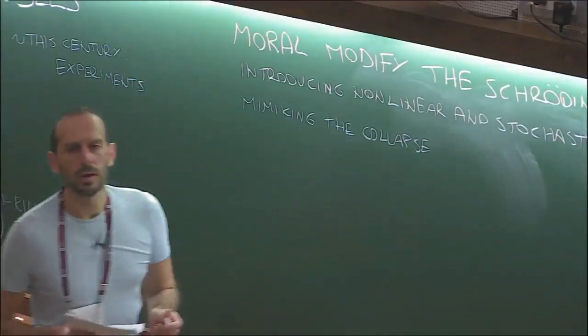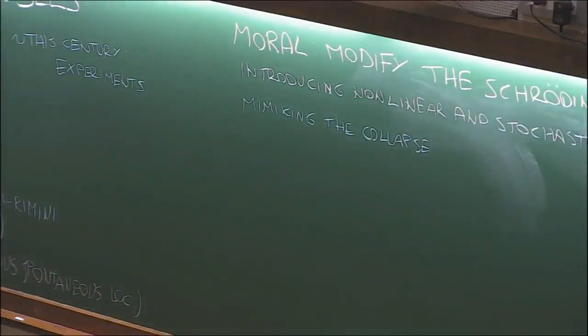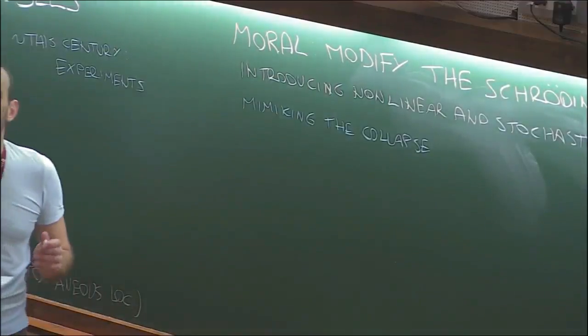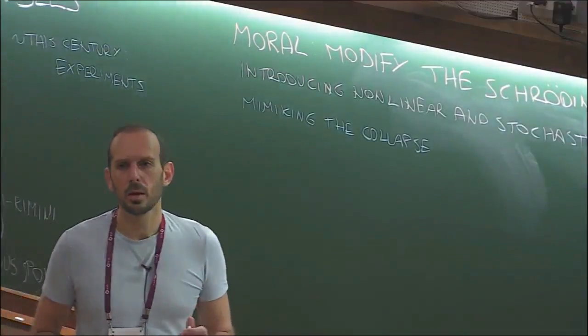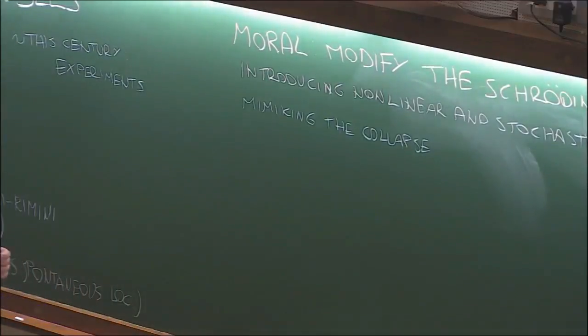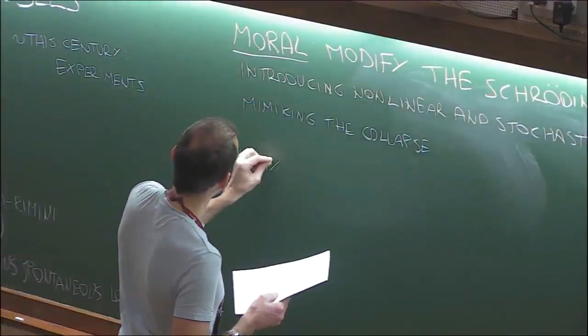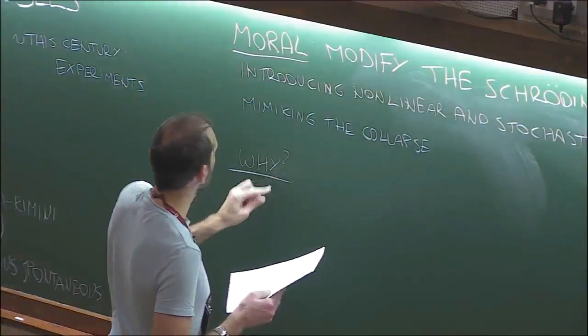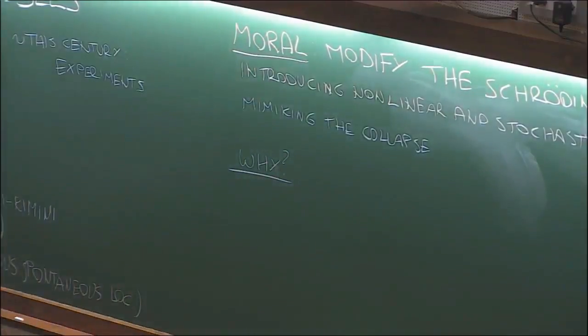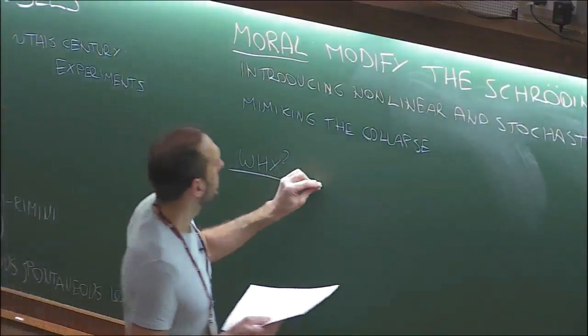The idea is that you want to modify the Schrödinger equation by introducing suitable nonlinear and stochastic terms which mimic the collapse of the wave function. That's the moral. Why? I guess you know, from the previous lectures or your own interest, because of the measurement problem.